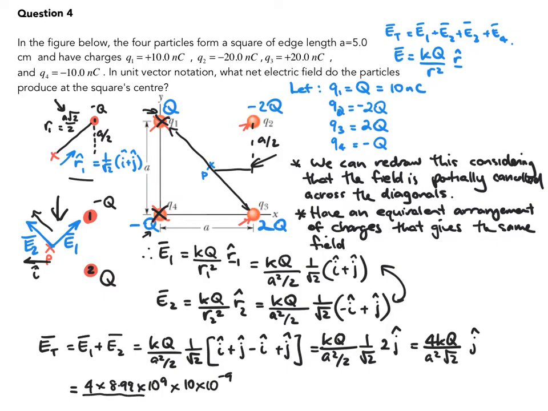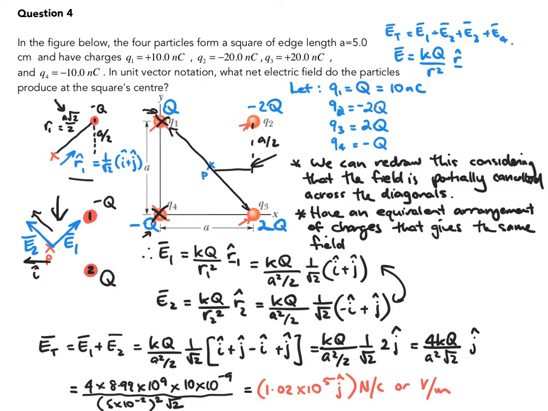Just underline this. We get 5 by 10 to the minus 2. Don't forget to square it, times root 2. And that comes out to be 1.02 by 10 to the 5j. So it's pointing in the j direction, the electric field, which we would hope to be happening. And the units are newtons per coulomb, or we can use volts per meter.